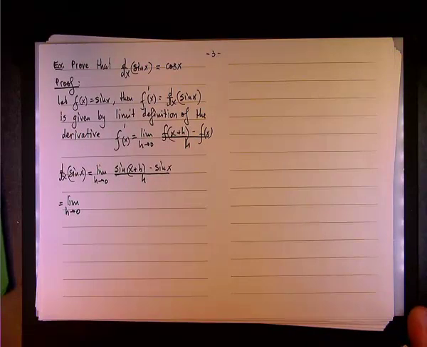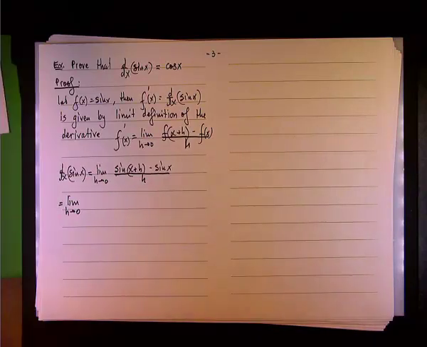Now we need to brush up on our trigonometric identities. Do you remember the sine of a sum identity? If you have sine of a plus b, what do you have? Not quite.